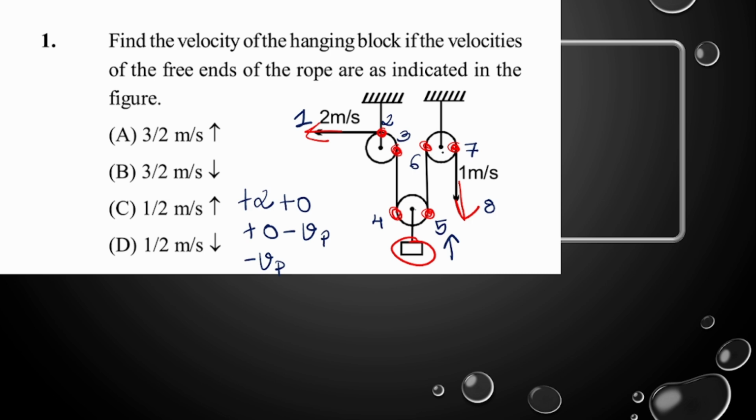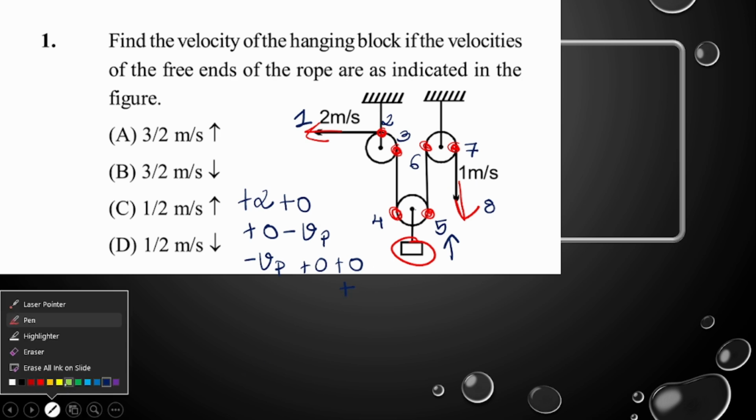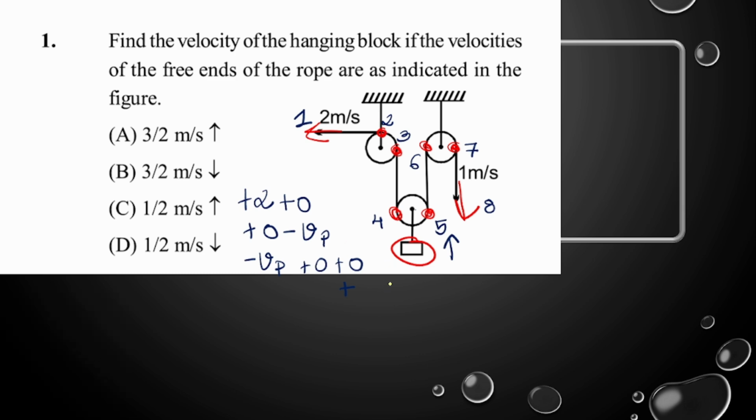Then point 6 is 0, point 7 is 0, and point number 8 is plus, because it is increasing the length. The summation equals 0.